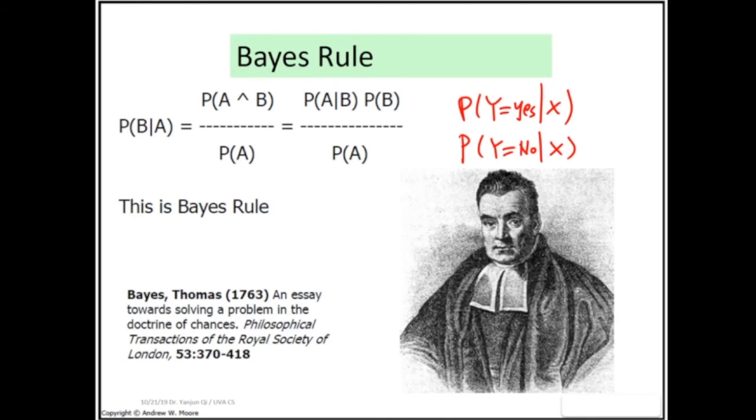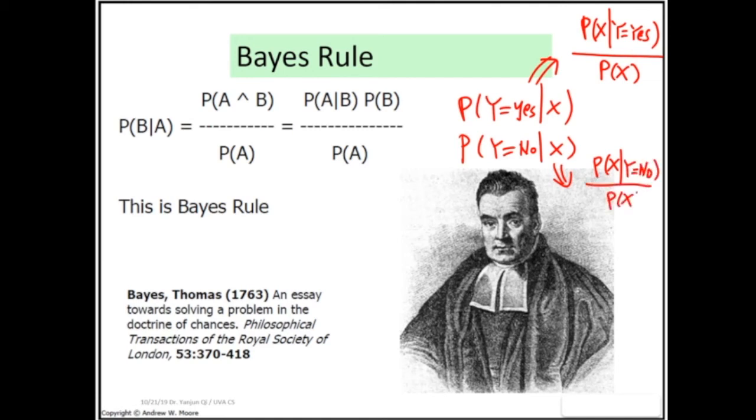And there's some other method using Bayes rule to estimate P(X conditional on Y equals yes) over P(X), and the lower is similar, P(X conditional on Y equals no) over P(X). So this type of, and then compare.